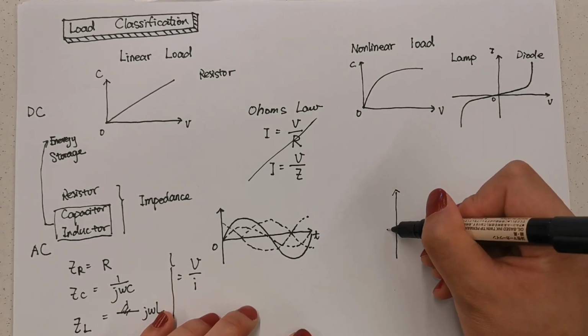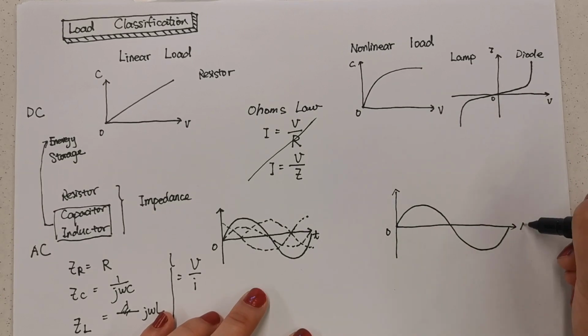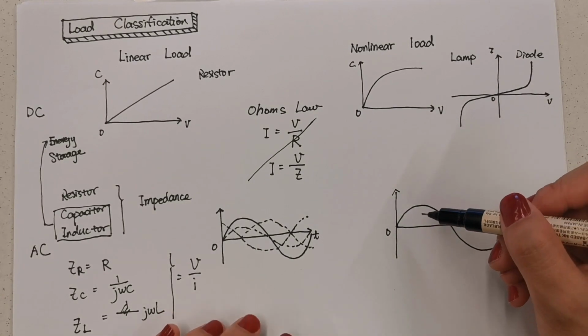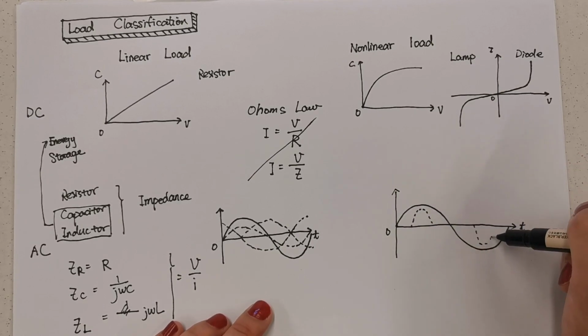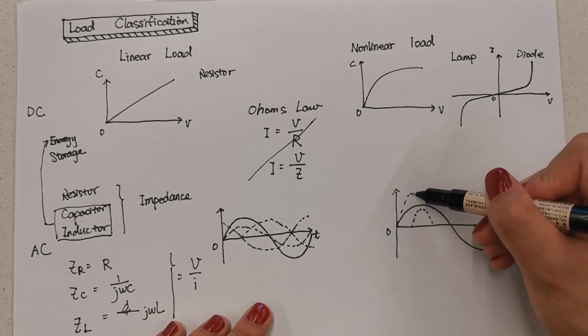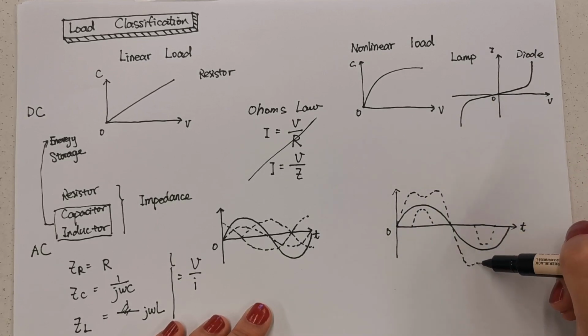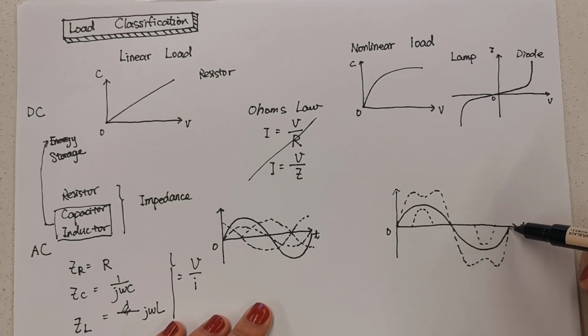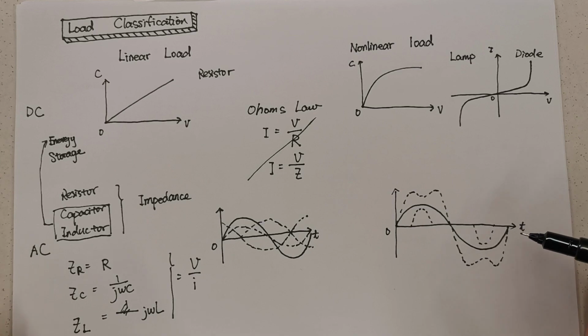But if we have the same AC source and the current on the load changes shape, looks like this, or even looks like this, we say the load is nonlinear load.